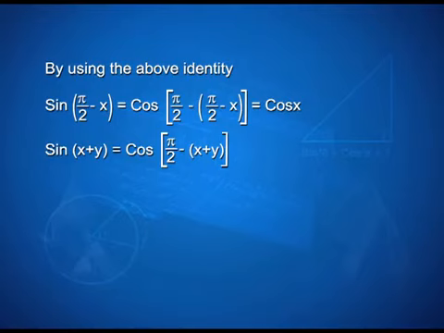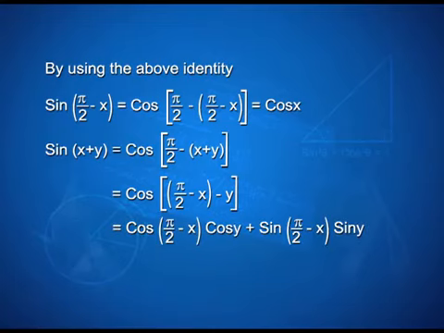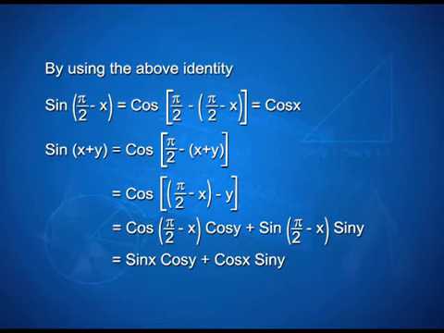In the same way, we know that sin of x plus y is equal to cos of pi by 2 minus x plus y, which again can be simplified as cos of pi by 2 minus x minus y, and can be expressed as cos of pi by 2 minus x into cos y plus sin of pi by 2 minus x into sin y, and thus we get a new identity: sin x into cos y plus cos x into sin y.